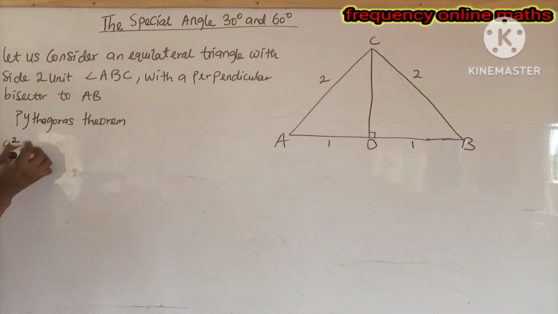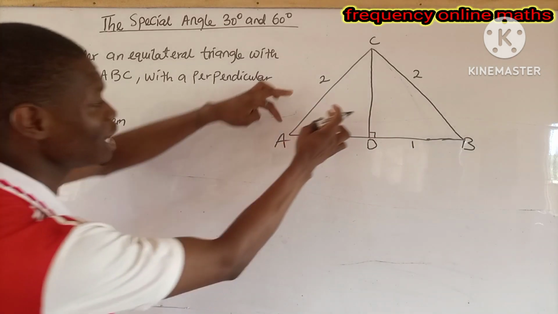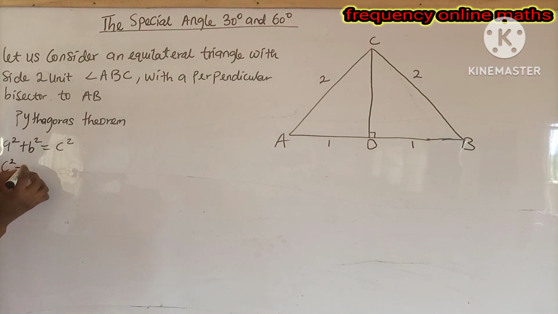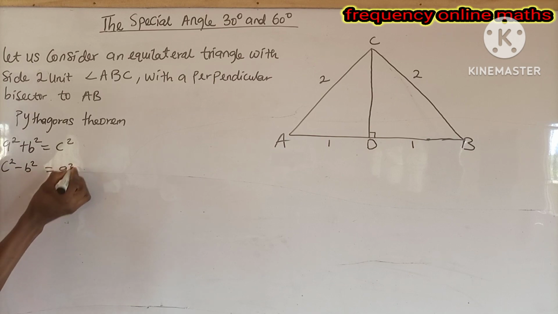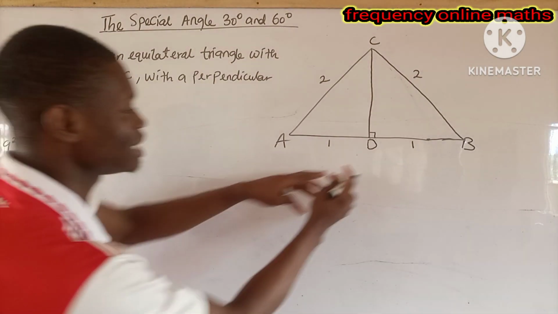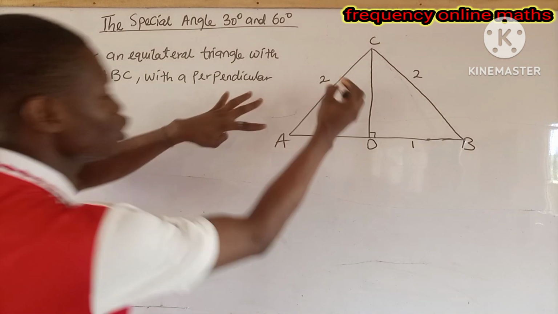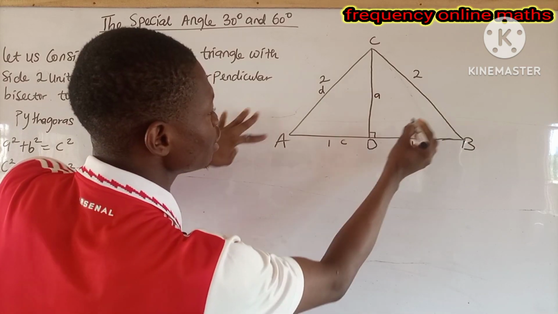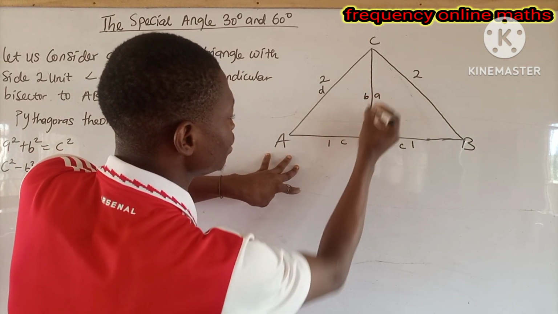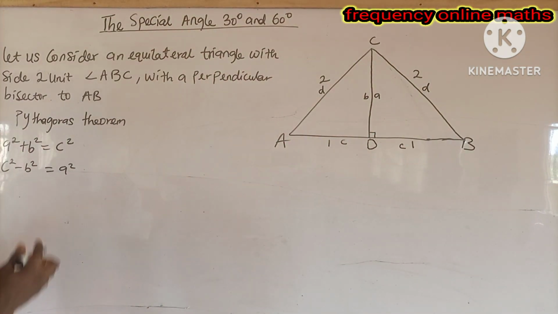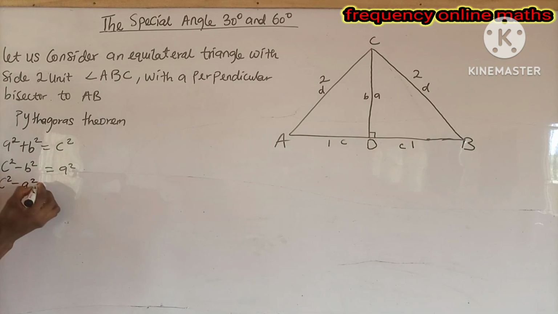A squared plus B squared is equal to C squared, where the longest side is C. Depending on how you label it, the longest side could be another letter, so C squared minus A squared is equal to B squared. That is the Pythagoras theorem for us.